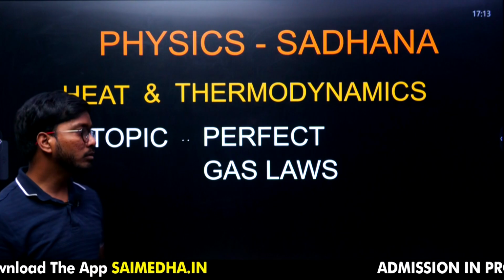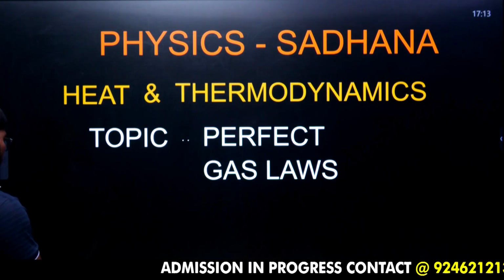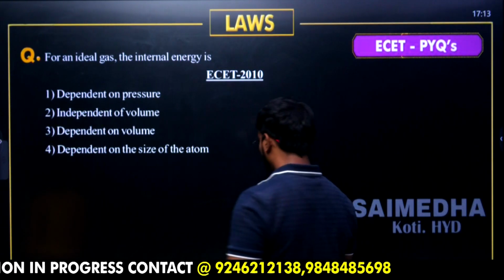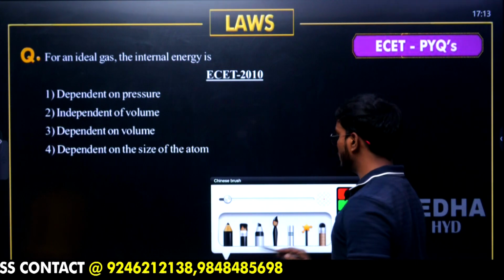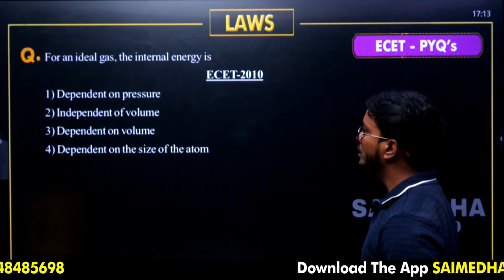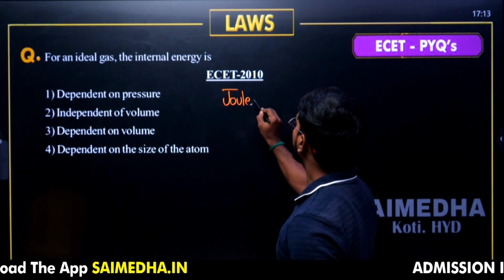Okay, moving on to the next topic, that is perfect gas laws. In this topic, the ECET PYQ question number 1 given on the board, which appeared in the ECET 2010, is: for an ideal gas, the internal energy is, this law is called Joule's law.